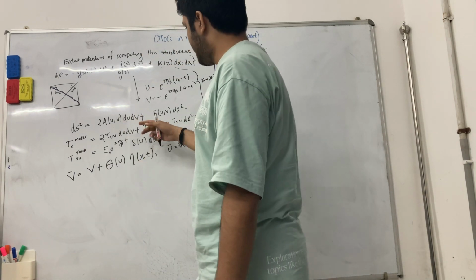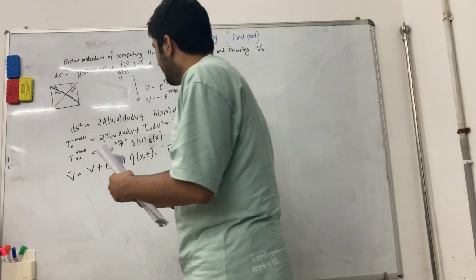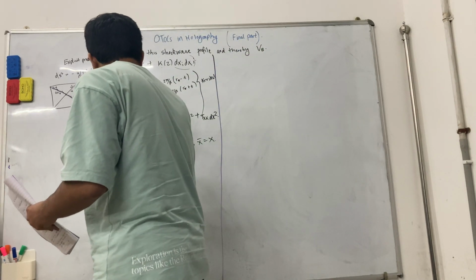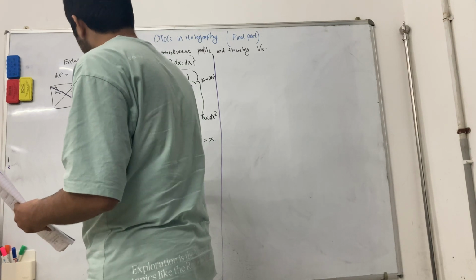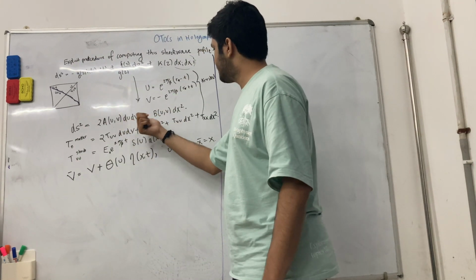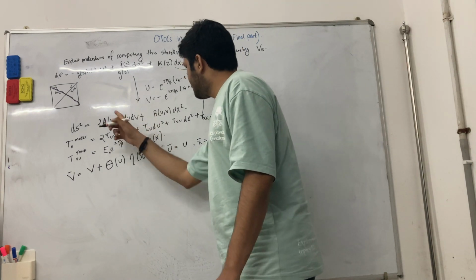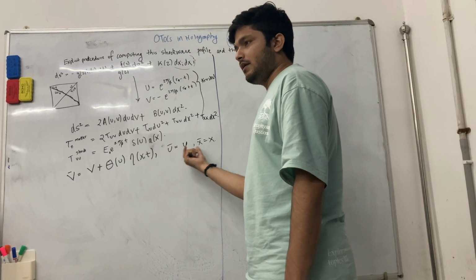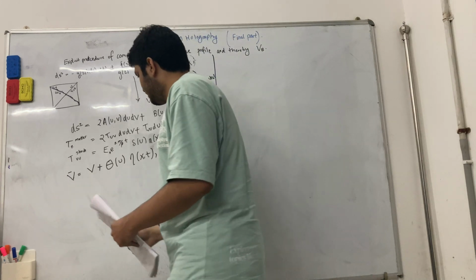Of course my metric now in terms of V bar, U bar and X bar is going to look something different, right? So the only part that is changing is this. So I have my dV here, right? So I have to substitute something for dV, because dU bar is simply dU from here, dX bar is simply dX from here. dV is going to be different, so I'll find that.